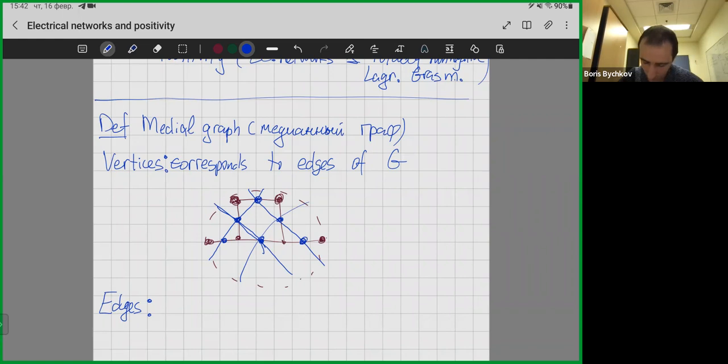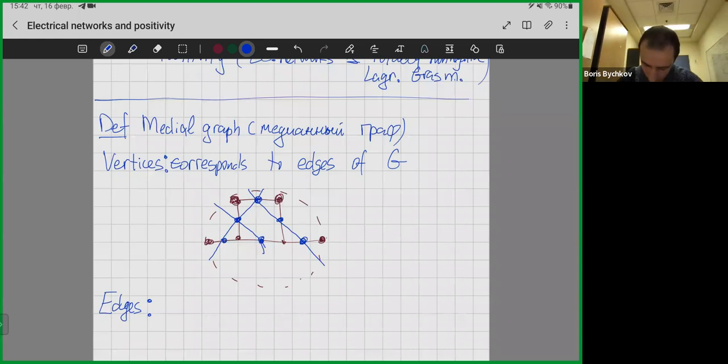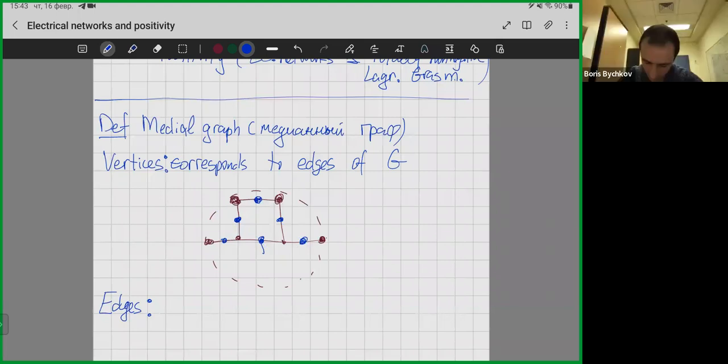The degree of each vertex in this medial graph should be 4. It seems each boundary red edge should be surrounded by two blue vertices. Then everything will fit.